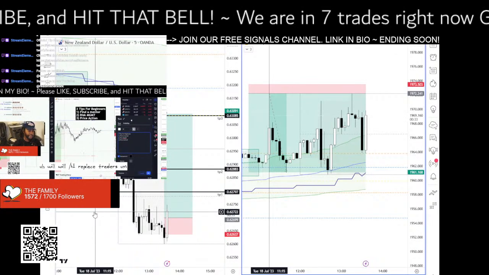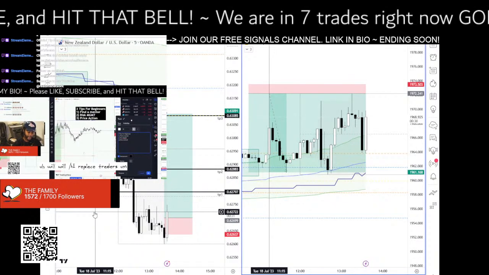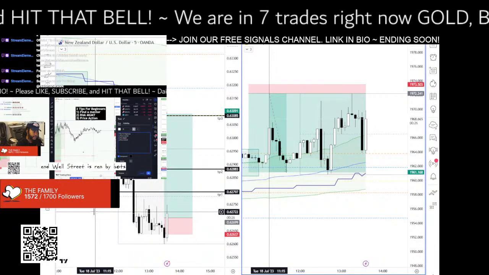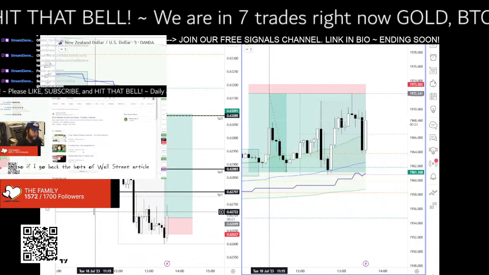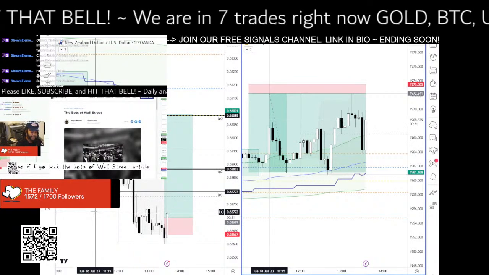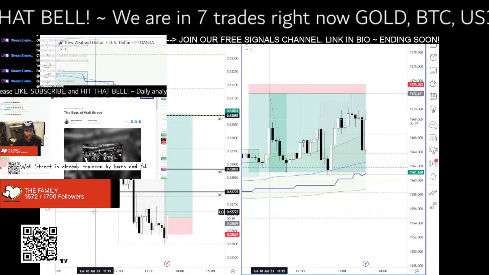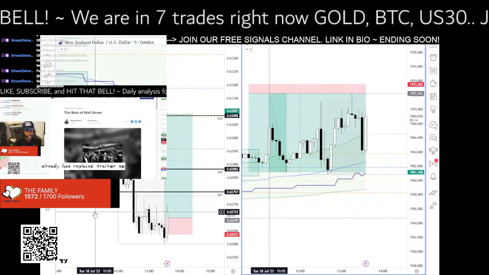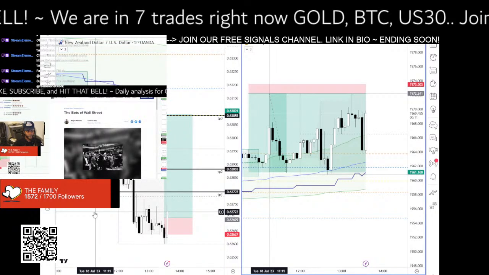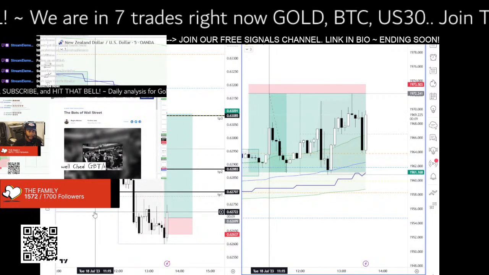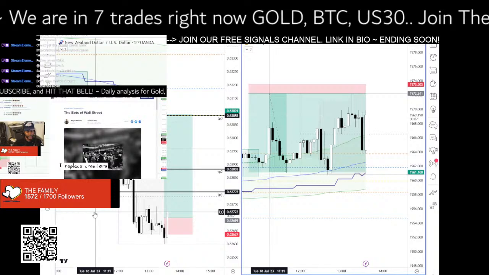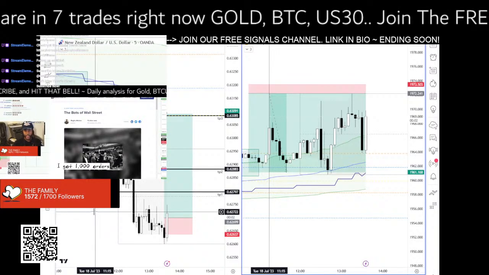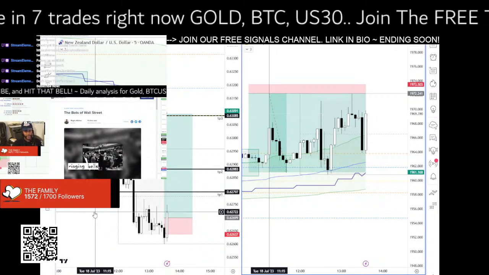Will AI replace traders? AI has already replaced traders, and Wall Street is ran by bots. If I go back to the bots of Wall Street article, Wall Street is already replaced by bots and AI, so it already has replaced traders. Will ChatGPT and AI replace traders? It already has. There's no people running around. It's not like Wolf of Wall Street movies. Someone's like, I got 1,000 orders, they're running across the floor, screaming, ringing bells.